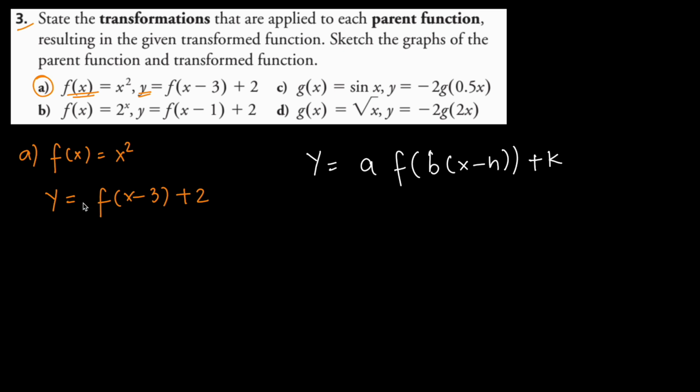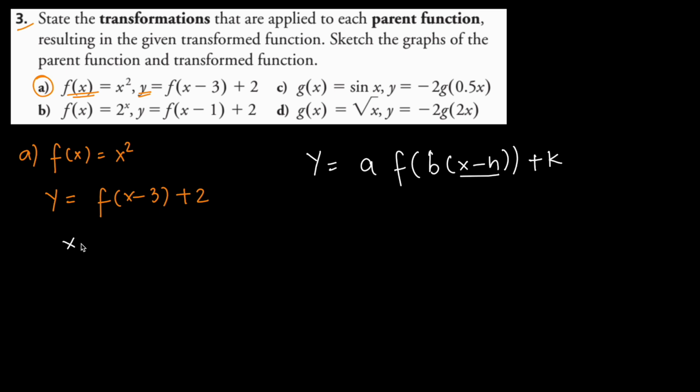If we see we do not have any a here, that means there is no vertical stretch or compression happening to this parent function. However, if I compare inside the parenthesis, I do not have b. That means I also do not have any horizontal stretch or compression. Now moving forward, I do have a bracket with x minus something.